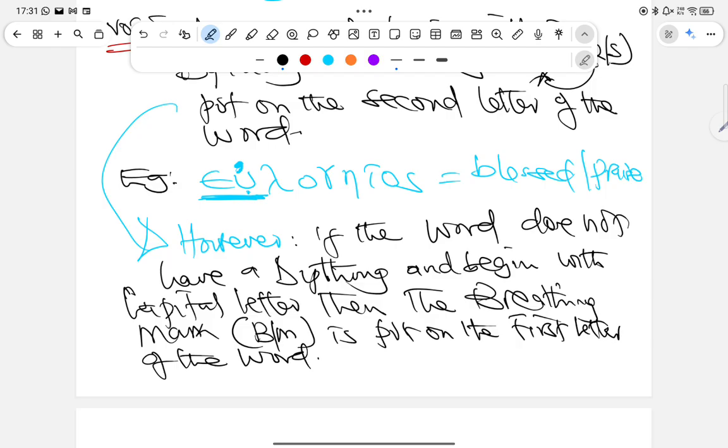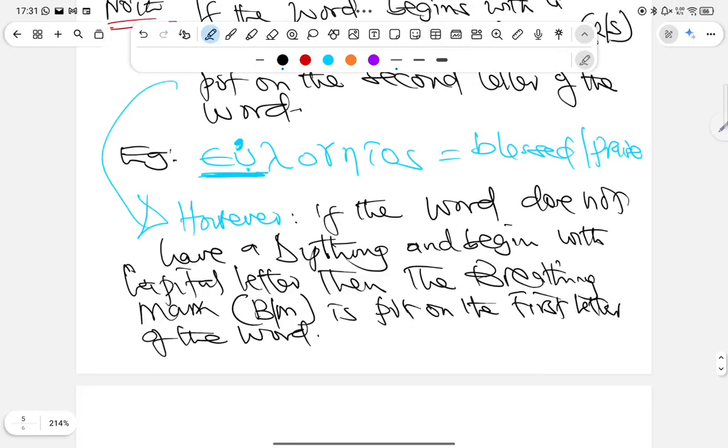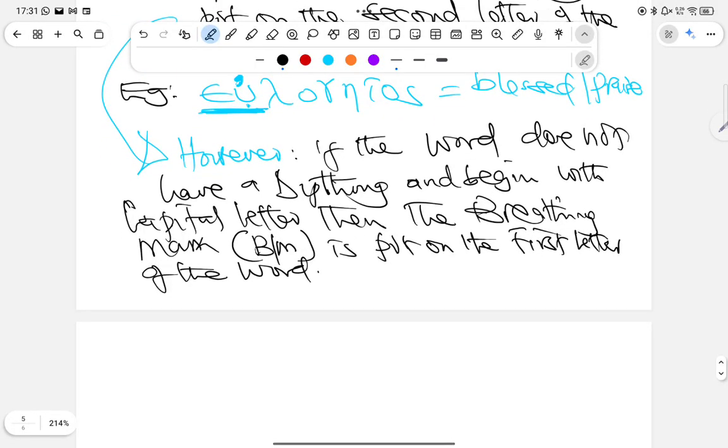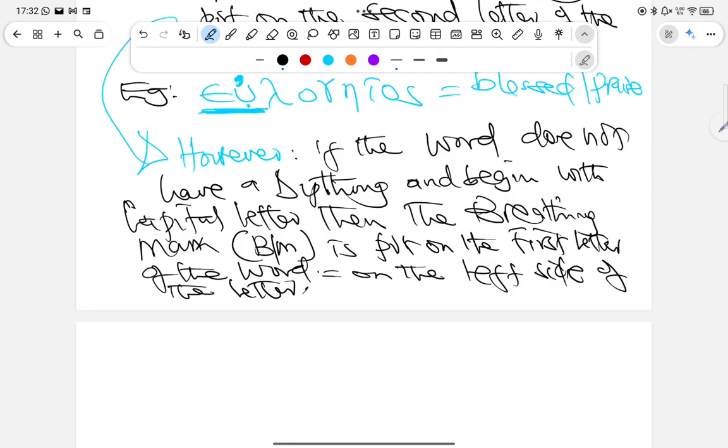So it's not beginning with a diphthong, it's having a capital letter, so it will be put on the first letter, on the left side of the letter.